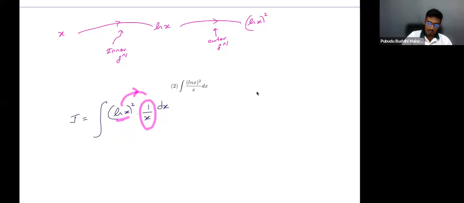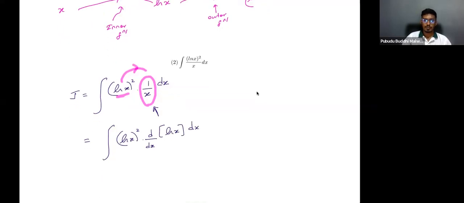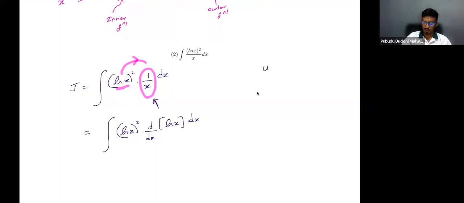You can confirm that by writing 1 over x as the derivative of natural log of x. Like this. This pattern is quite important. Then you can use that substitution, u equals natural log of x. Then we can easily integrate because du equals 1 over x dx, very similar.